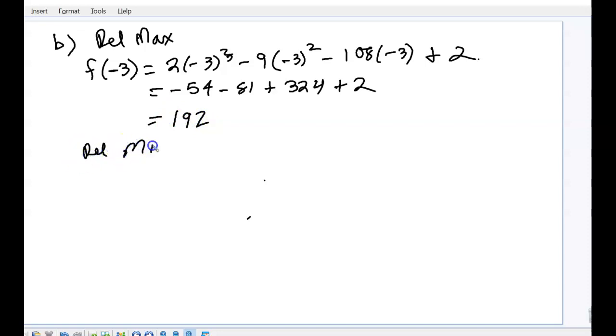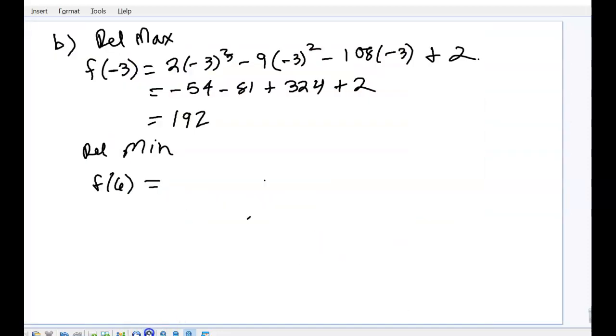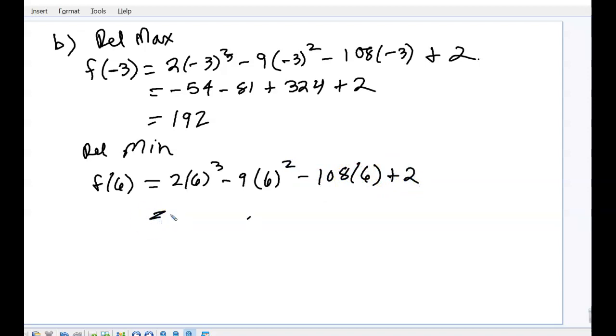And I get a relative min at f of 6, because that's where my derivative is going from negative to positive. So this would be 2 times 6 cubed minus 9 times 6 squared minus 108 times 6 plus 2.